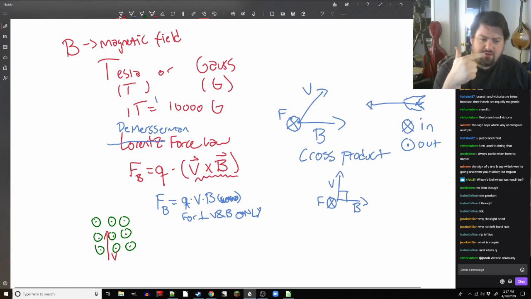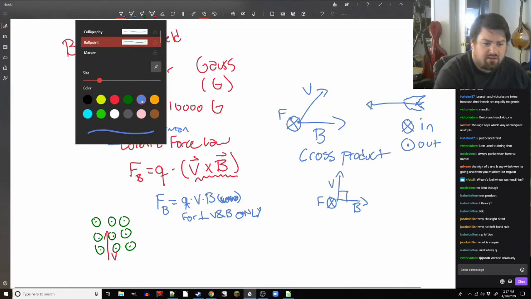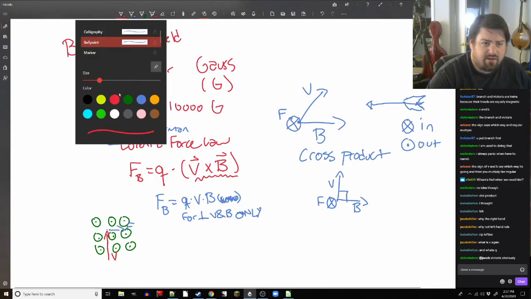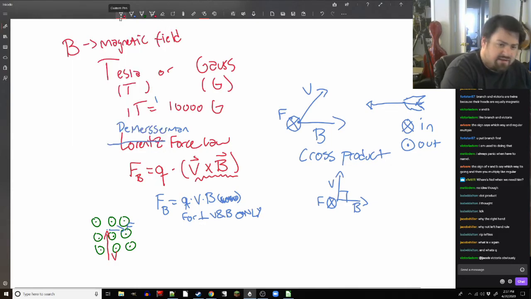So B is going that way, V is going that way. So the force on this particle is going to be, initially, like this. But then the particle's path is going to start curving because the force is being applied to it. And in fact, it'll actually make a circle eventually.